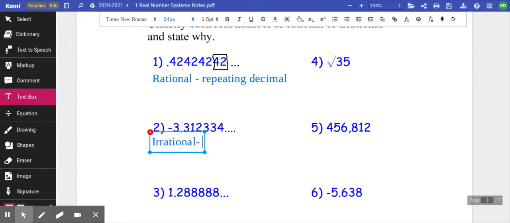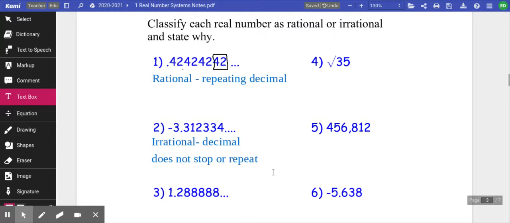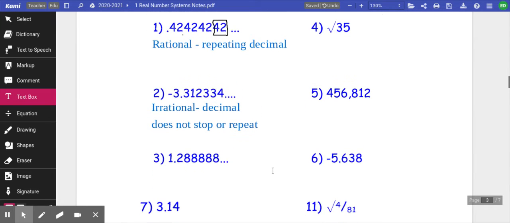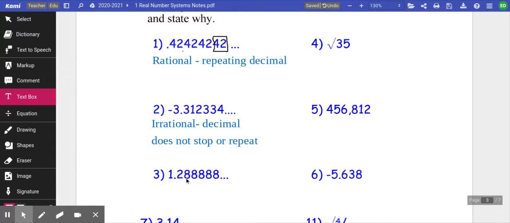And the reasoning would be: the decimal does not stop or repeat. Okay, working down here, number 3, I have 1.2 and then I have 8.